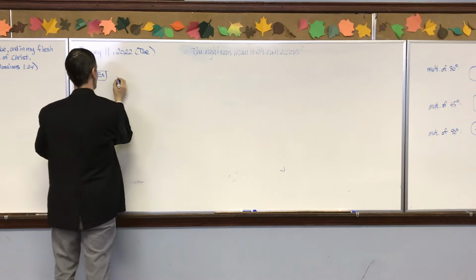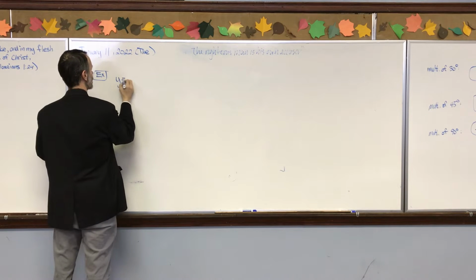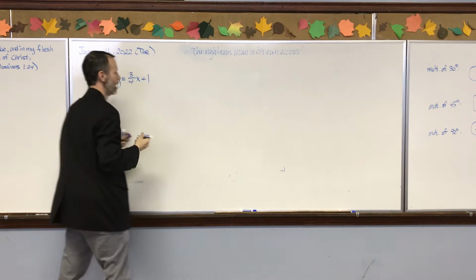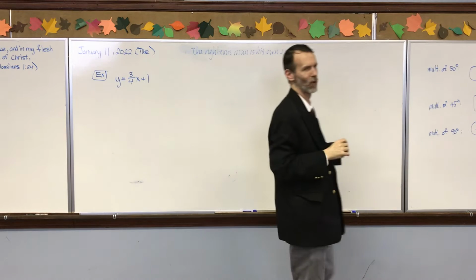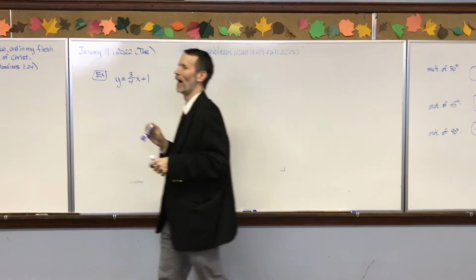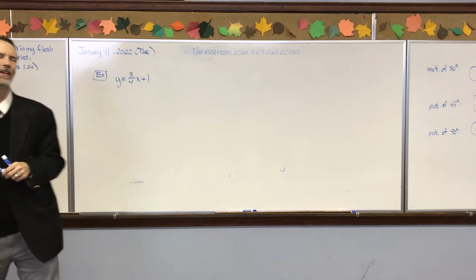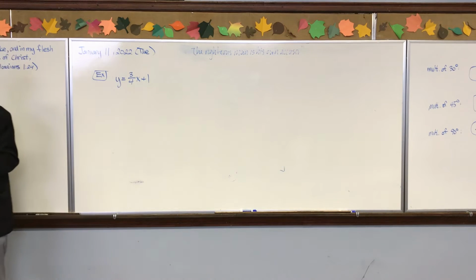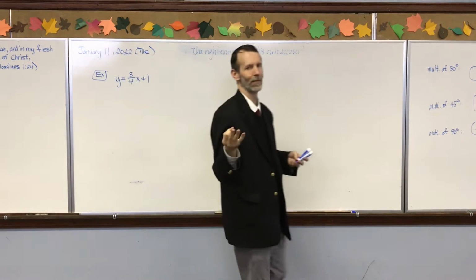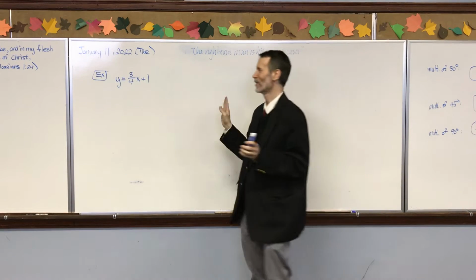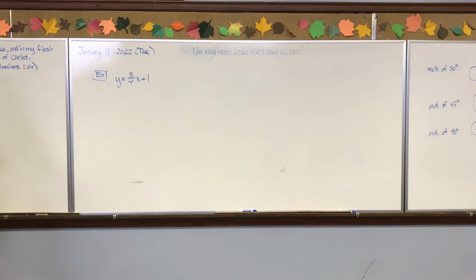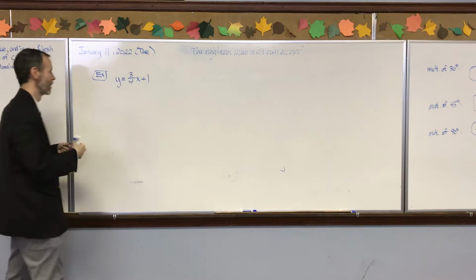One is a really old review problem. y is equal to 3/4 x plus 1. I will be assuming that you know the 4 forms of a line: slope-intercept, standard, point-slope, intercept. If any of those are foggy, go back in your old notes, brush up on them, or come talk to me, or talk to somebody who remembers them.